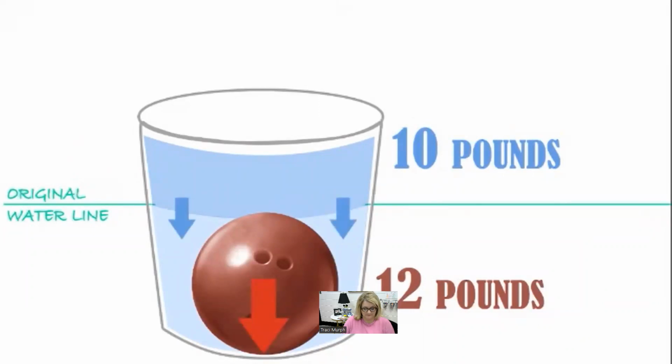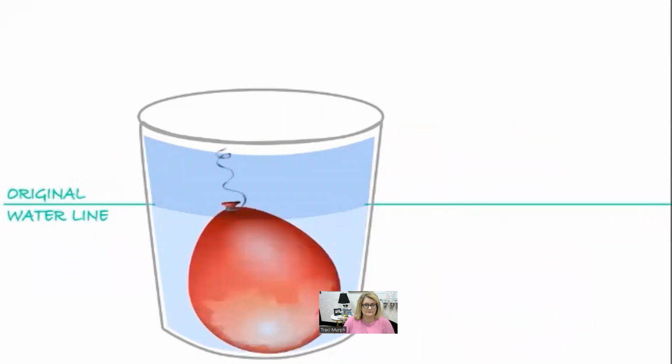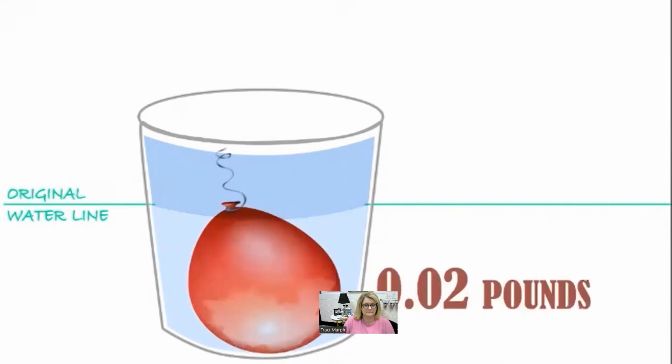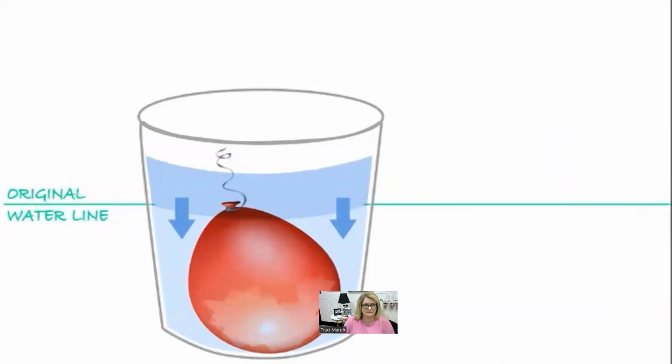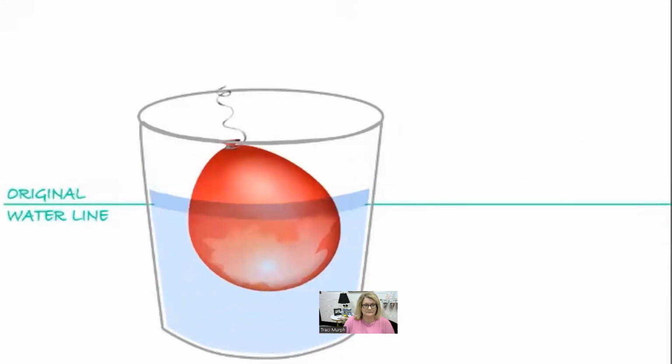Now, what if we replace the bowling ball with something lighter, like a balloon? This balloon is the same size or volume as the bowling ball, but it weighs much less. Now we have 10 pounds of water pushing down on a very light balloon. The water is heavier than the balloon, so the water sinks, forcing the balloon up.